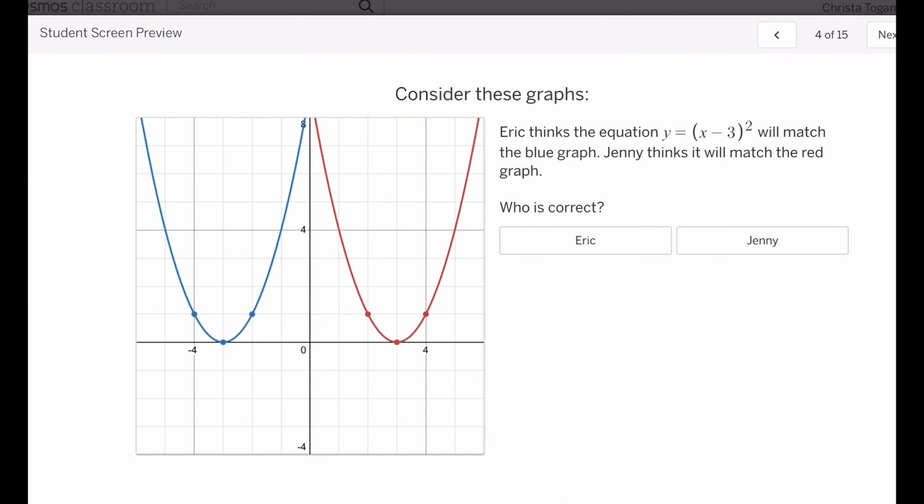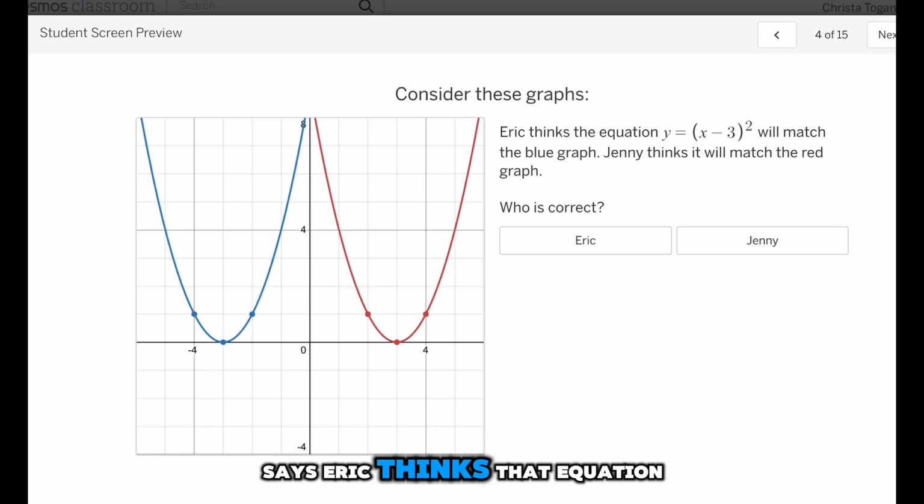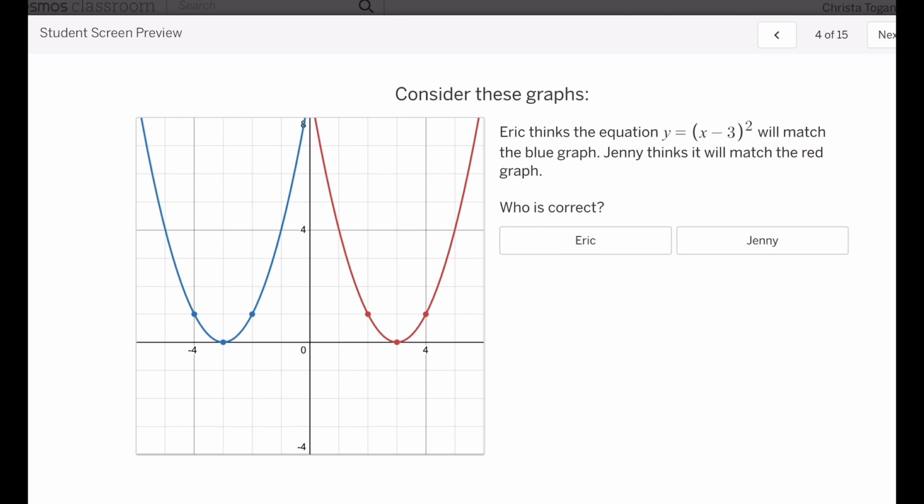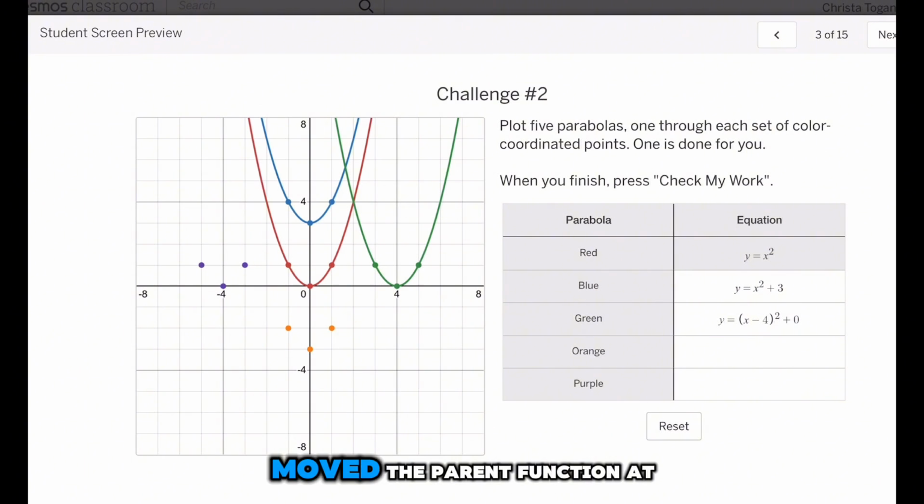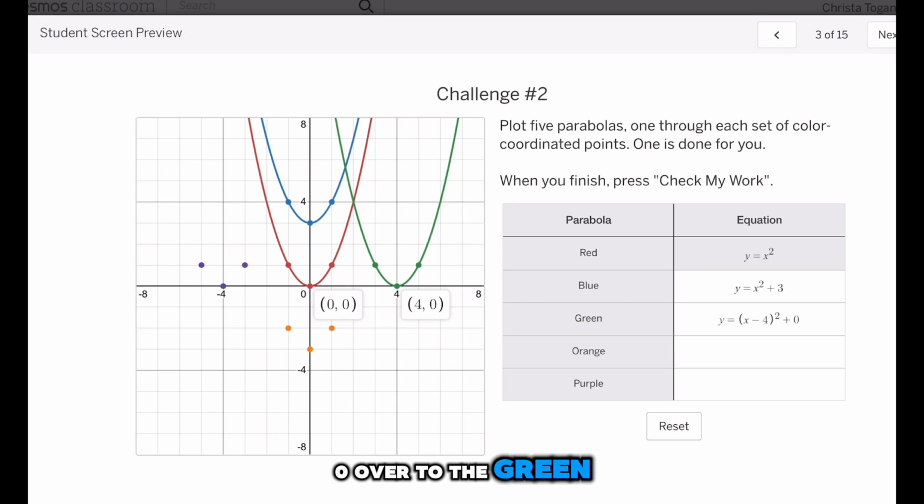Okay. So for this one, it says Eric thinks that equation parentheses x minus 3 squared will match the blue graph. Jenny thinks it will match the red graph. That is for you to figure out. You must remember how you moved the parent function at 0, 0 over to the green function that has a vertex of 4, 0.